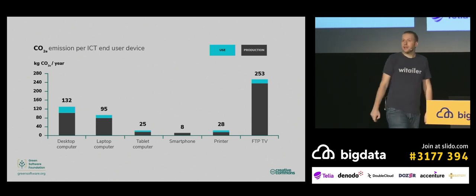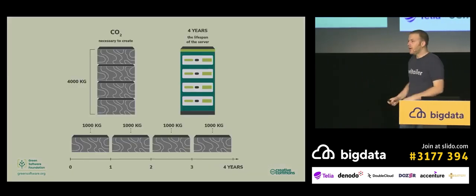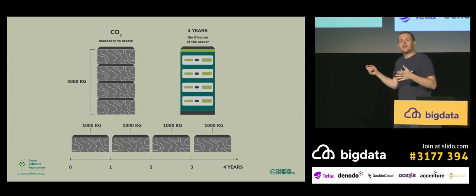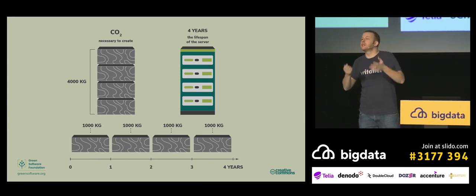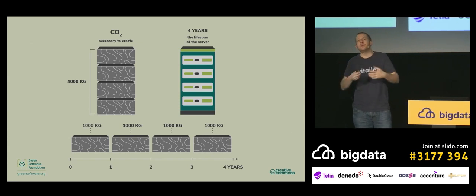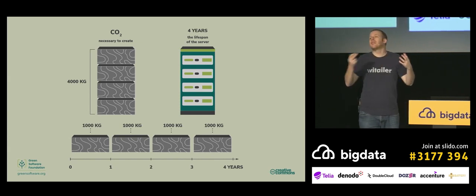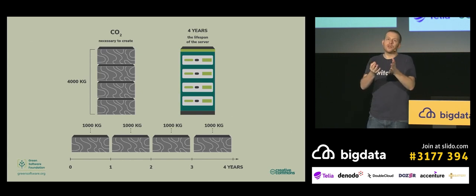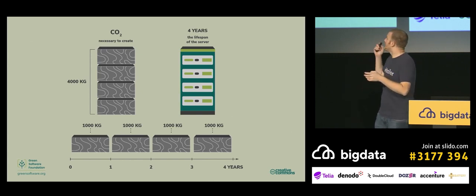So the next point, of course, is to extend the lifetime of the device. And since we are talking about software, cloud computing and data centers, our main focus should go through the servers.